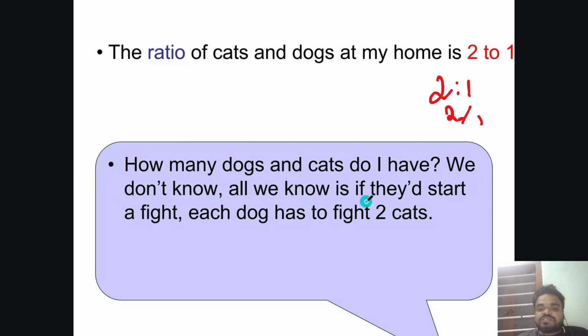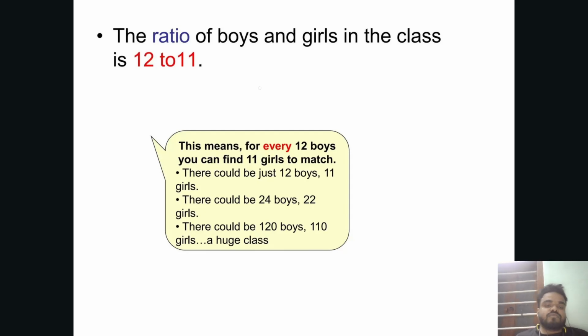All we know is if they start a fight, each dog has two cats. Why? Because the numbers of cats and dogs are in the ratio of 2 to 1. So by seeing a ratio, we can say for each dog we have two cats. Even though we don't know how many, we can say how many cats there are for dogs for matching. Got it?